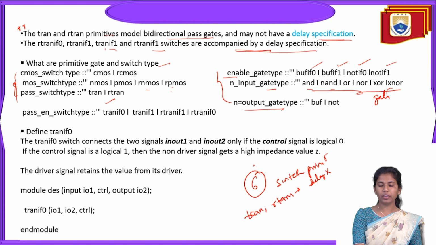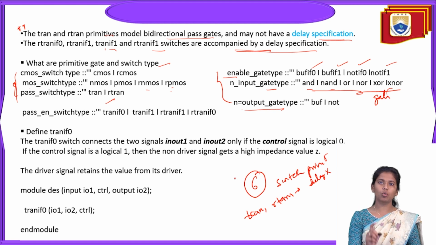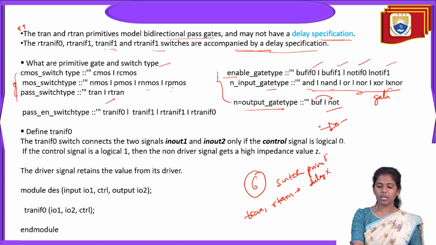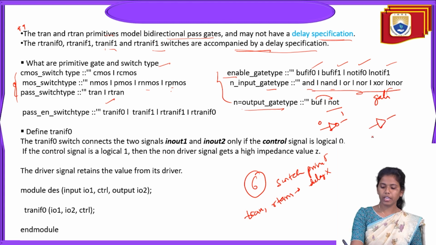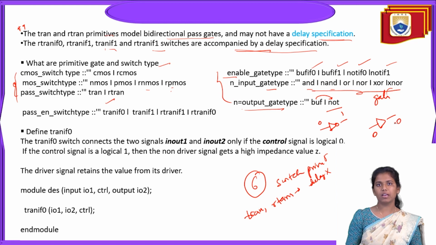For n-output gates, the clear examples are buf and not. We have already discussed the difference between these two gates. Not means that if the input is 0, the output is 1, whereas for a buffer, when the input is 0, the output is 0 itself.